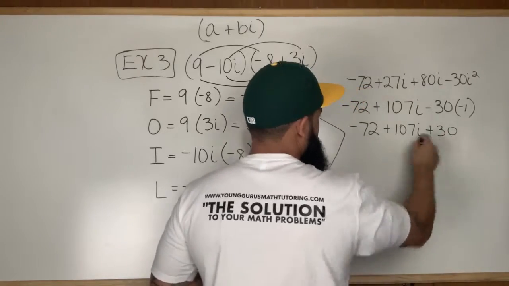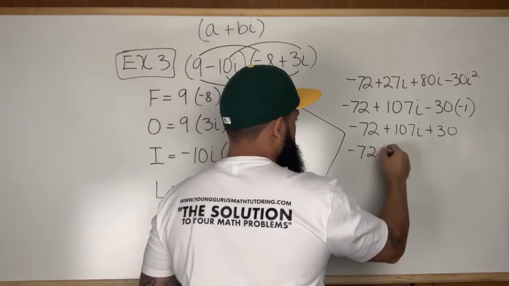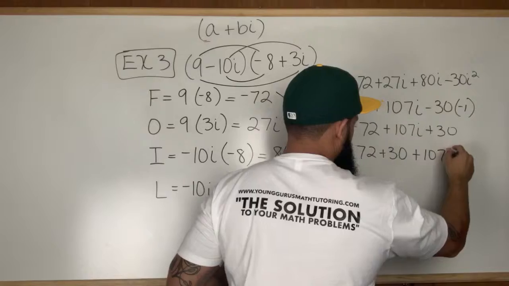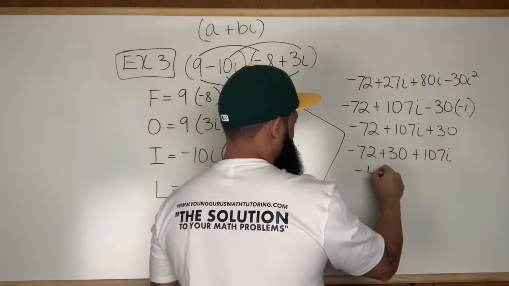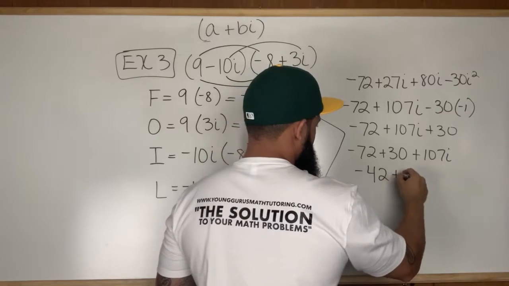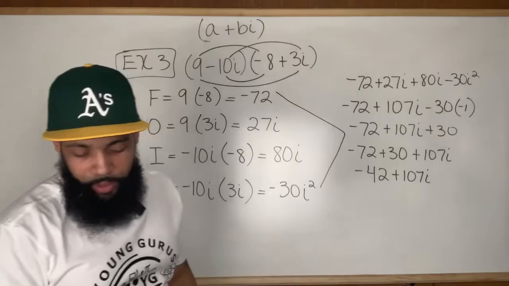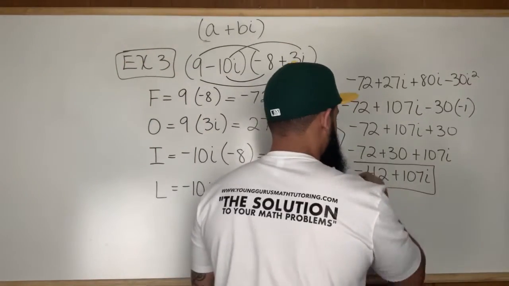And now I'm going to rewrite this so that the like terms of negative 72 and 30 are together. Okay? And then negative 72 plus 30 is negative 42 plus 107i. So I have negative 42 plus 107i.